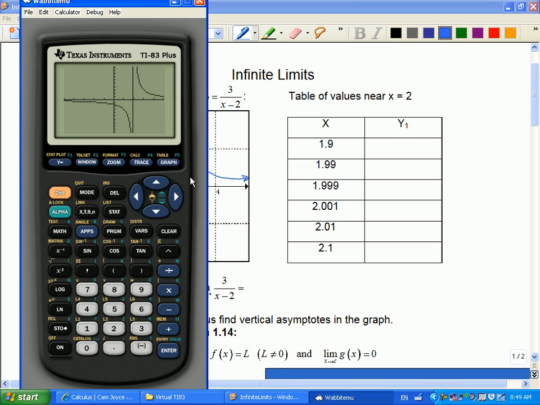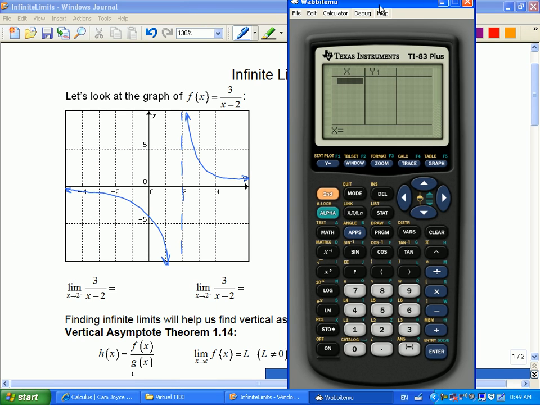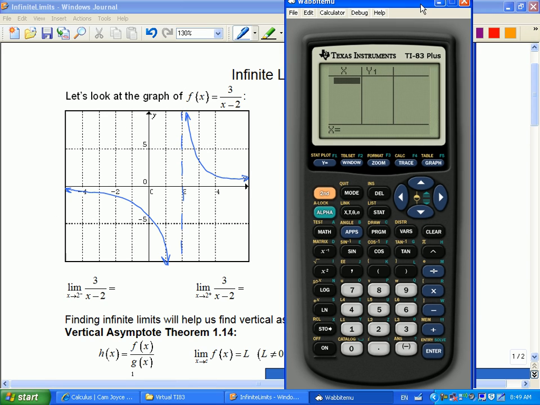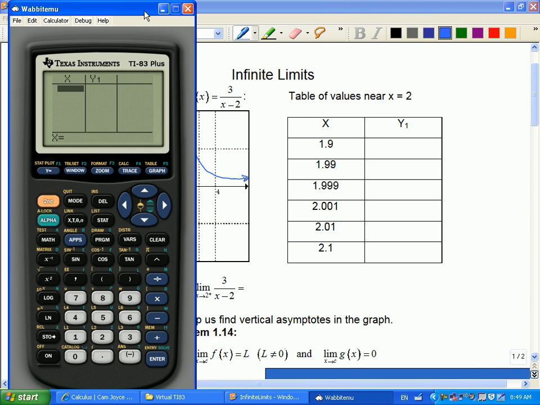Okay, so I'm also going to use the table. So remember, if you haven't done so, you need to make sure that your table setting is on ask. Otherwise, you won't be able to put in the numbers you're looking for. And I'm looking near x equals 2 because that's where the asymptote is. So just to show you, you could do this with the graphical and the numerical approaches to limits that we've tried.